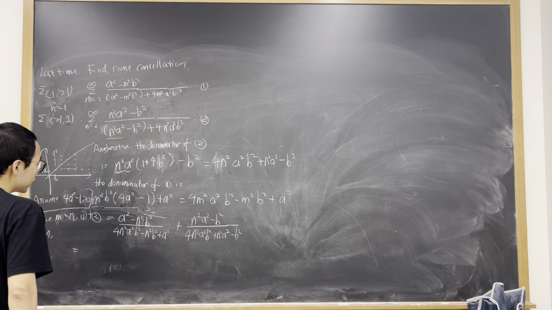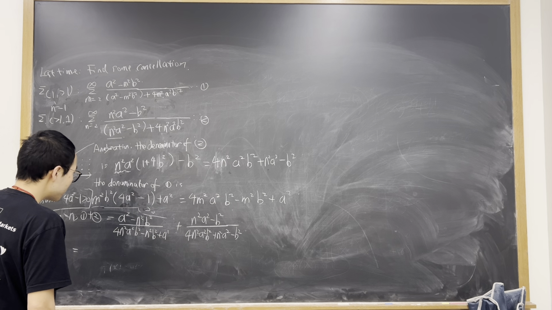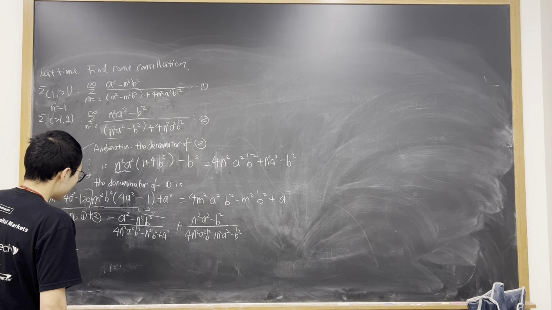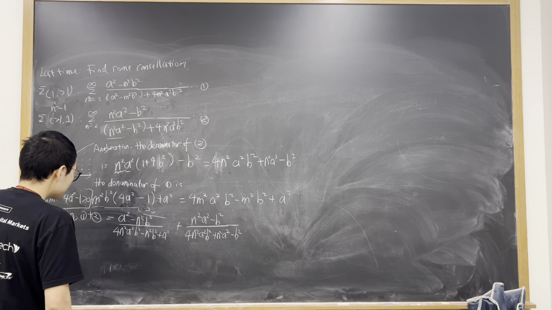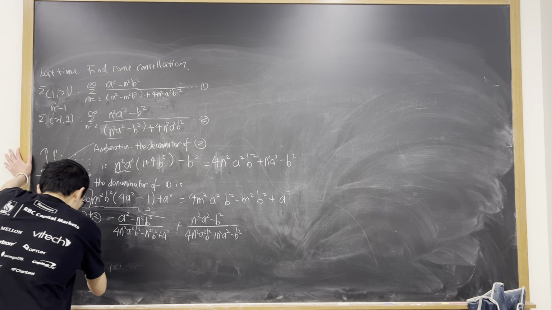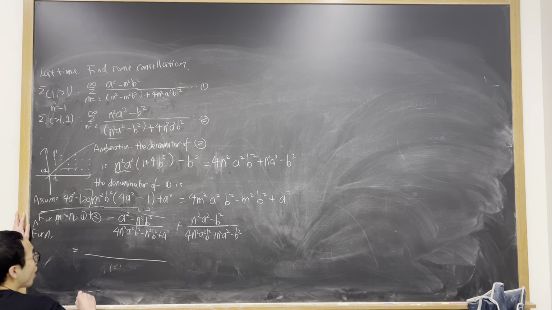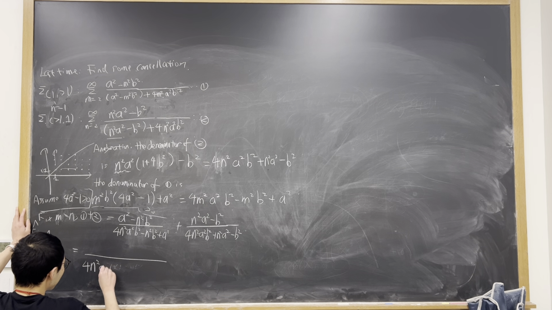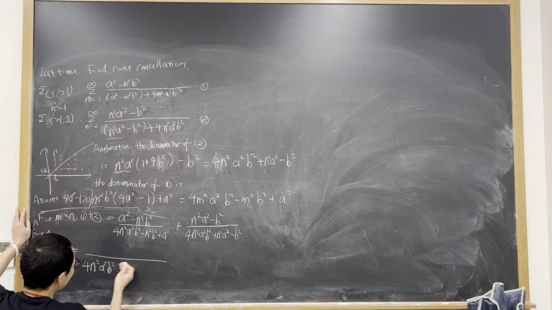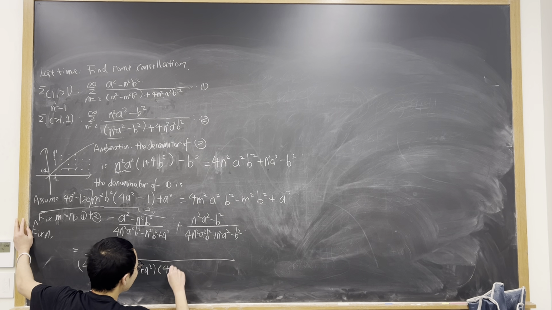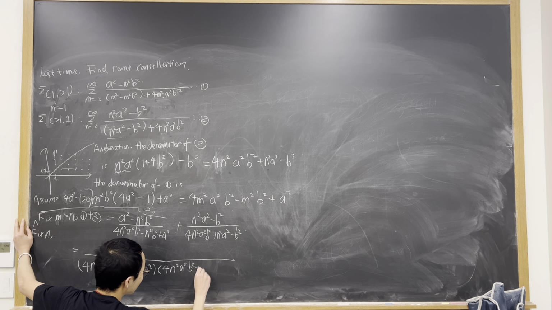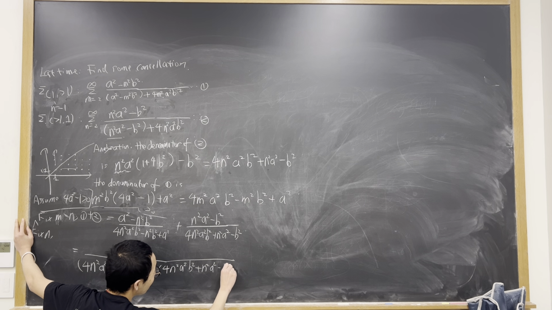Now I multiply by the common denominator. So 4n squared a squared b squared minus n squared b squared plus a squared times, so this is equal to 4n squared a squared b squared plus n squared a squared minus b squared.